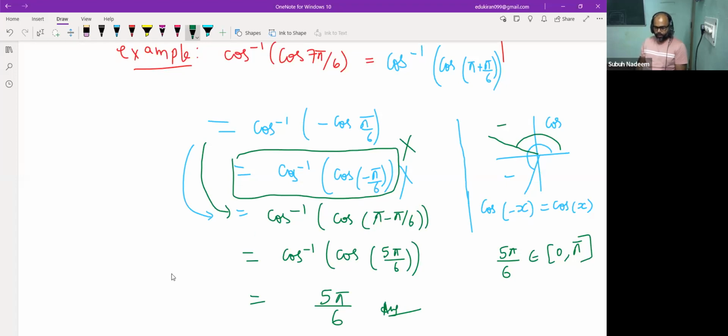Even if you do by another method, this is method 1. We will discuss method 2 also.